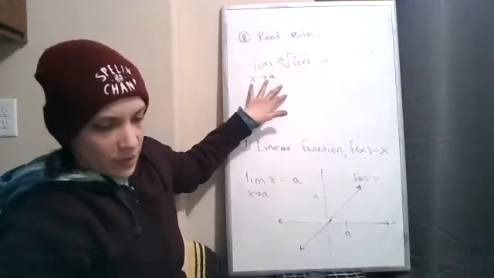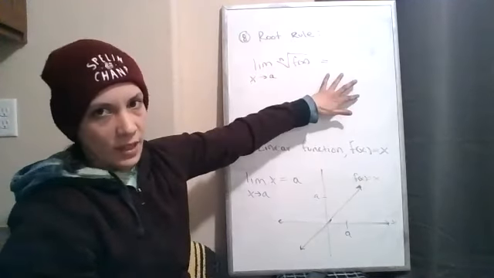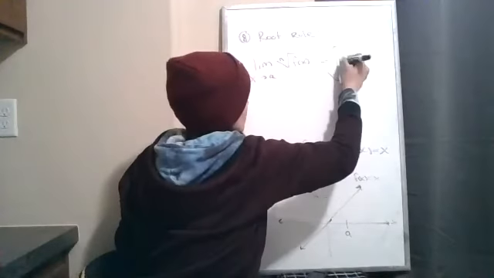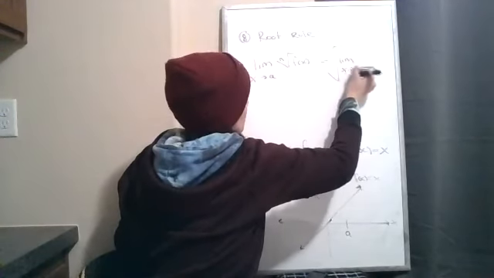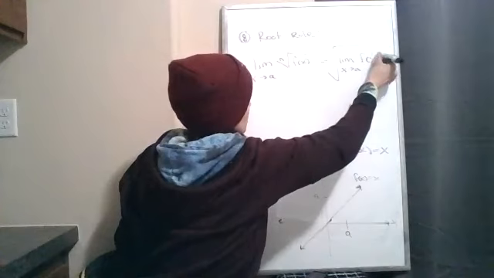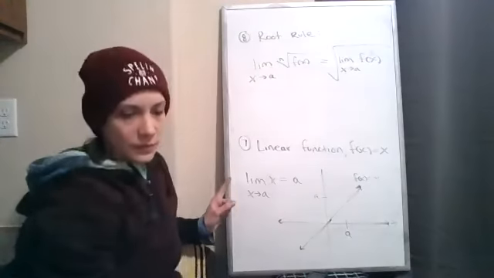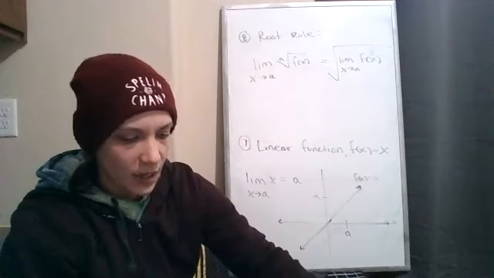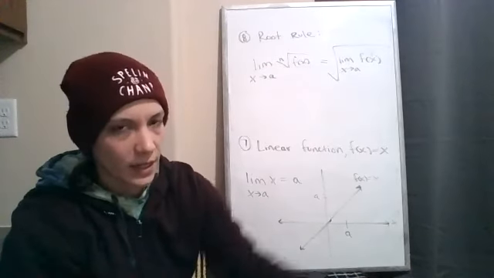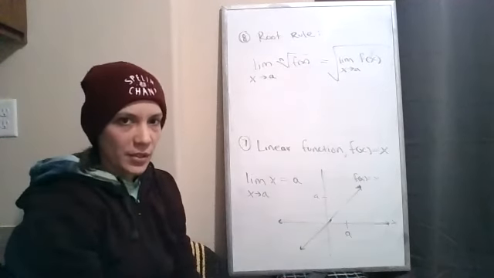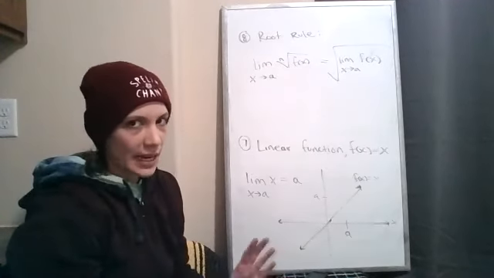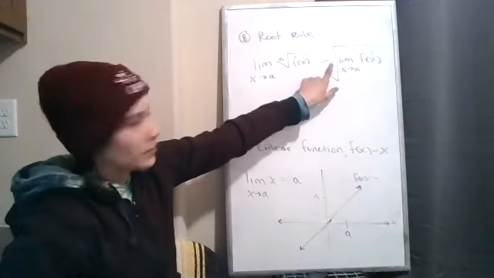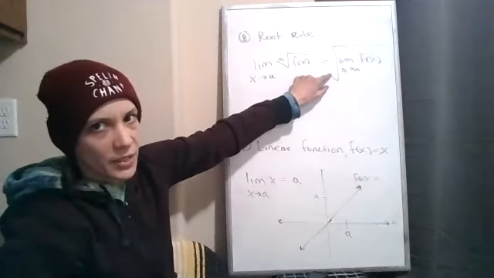Here's the nth root of the limit as x goes to a of f of x. And then I just put a note that our class works with real numbers. We don't have complex numbers as outputs of our function, so we're just not using complex numbers in this class.